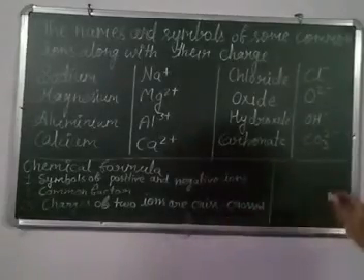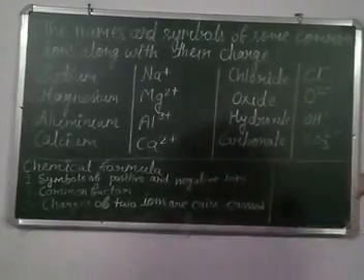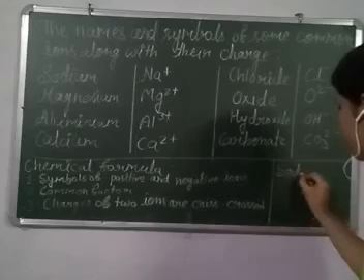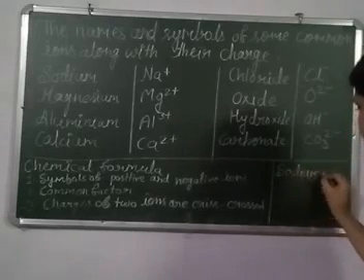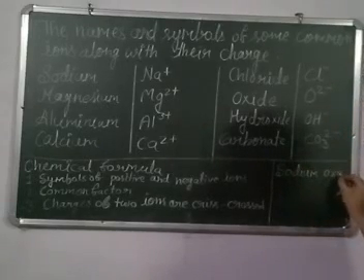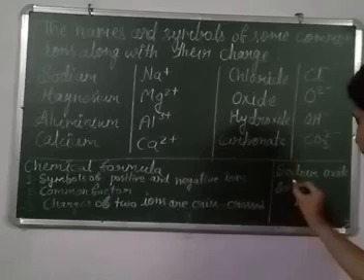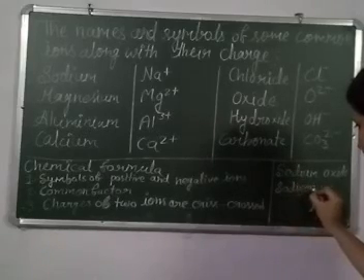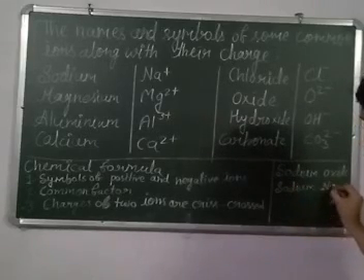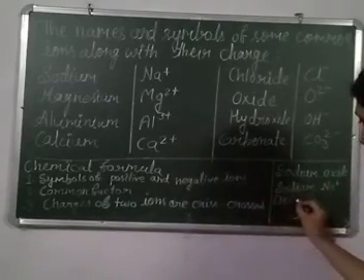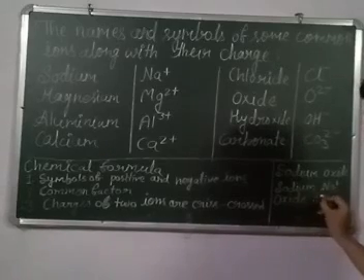For example, if we have to write the formula of sodium oxide. Firstly we have to write the formula of sodium, that is Na+, and the formula of oxide, that is O2-.